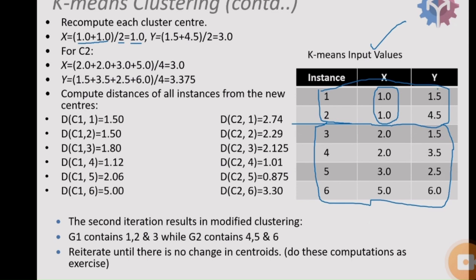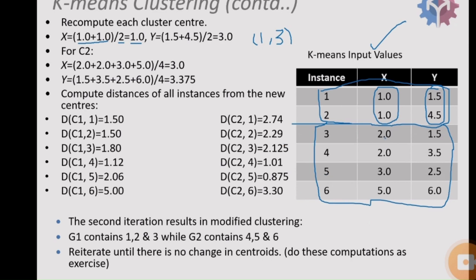What about y? 1.5 plus 4.5 is 6, divided by 2, 3. So your new cluster center is actually 1, 3, which was not 1, 3 before. It was 1, 4.5 the last time, right?